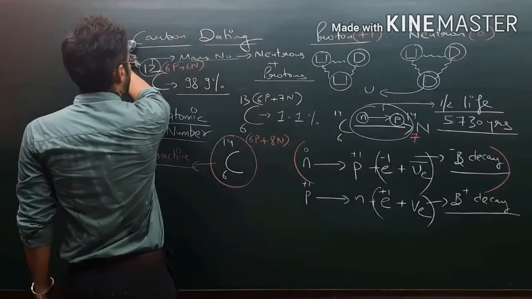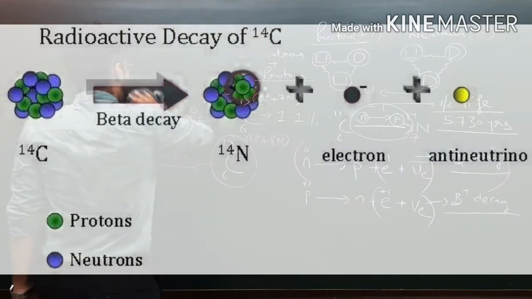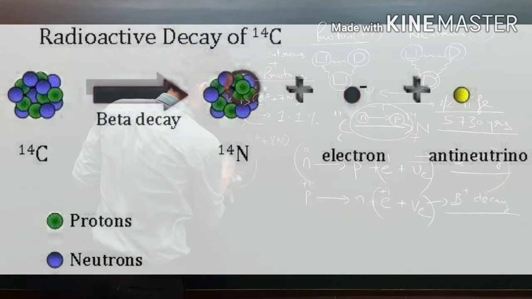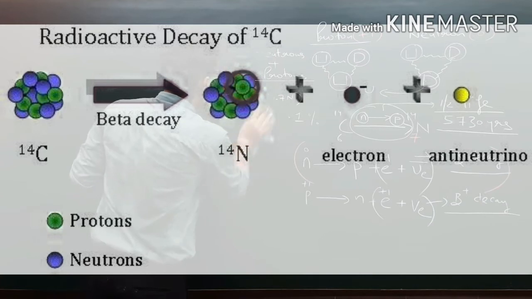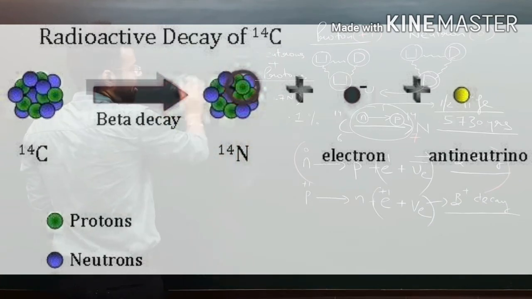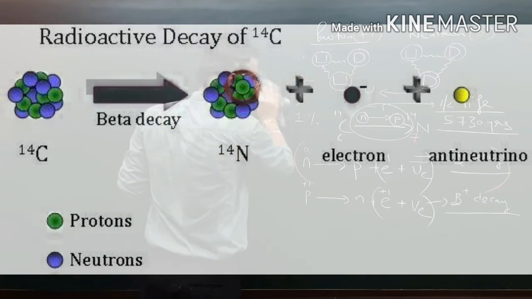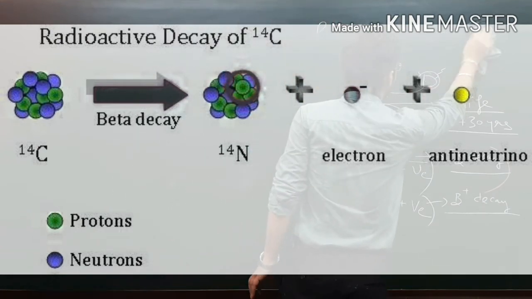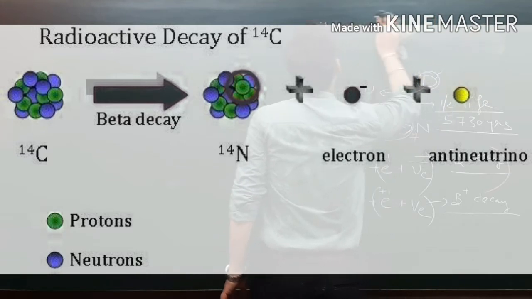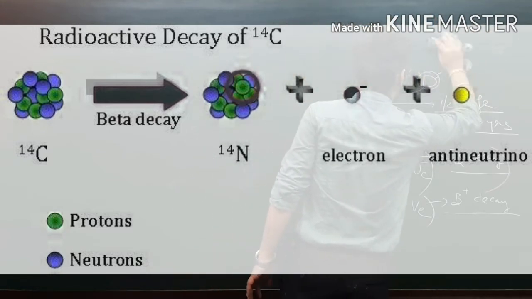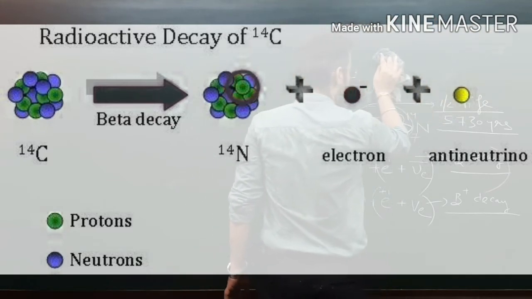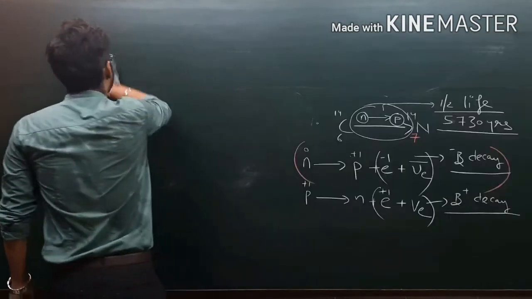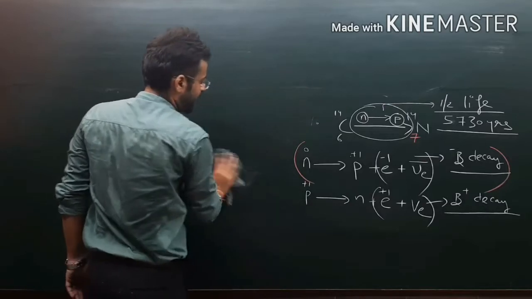Half-life simply means how much time a sample will take to decay 50%. So 50% decay occurs in what amount of time? That is the half-life of a certain decay.